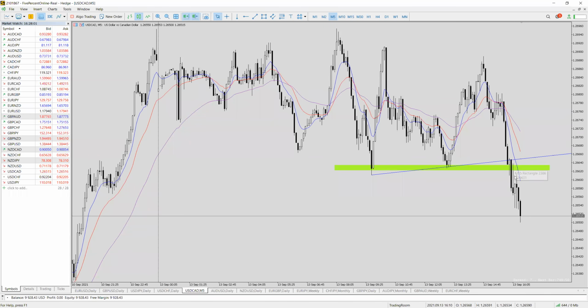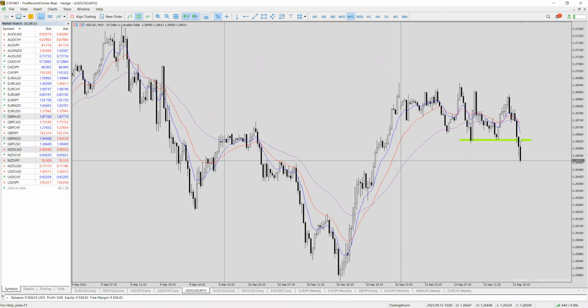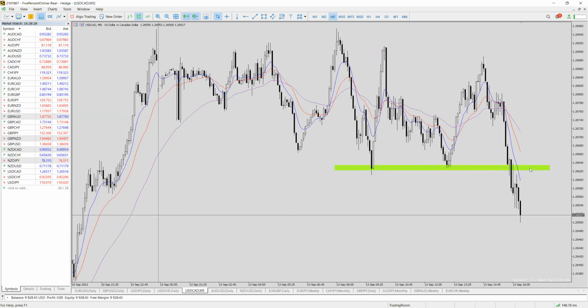But here you can see how, if I remove this trend line, we have some sort of a zone here, trying to break out of the zone and then breaking out and then retesting the zone and going down again, and now continuation. So breakouts and retests on any time frame are great, and they are the safest because you have a very clear place to set your stop loss.